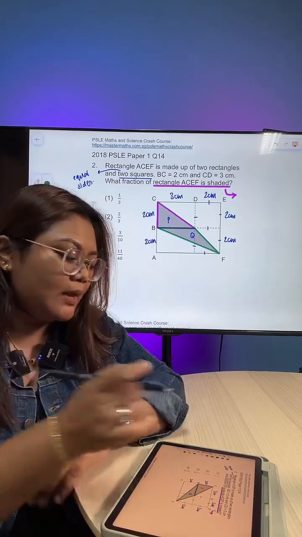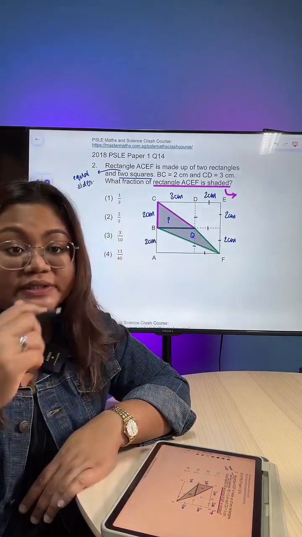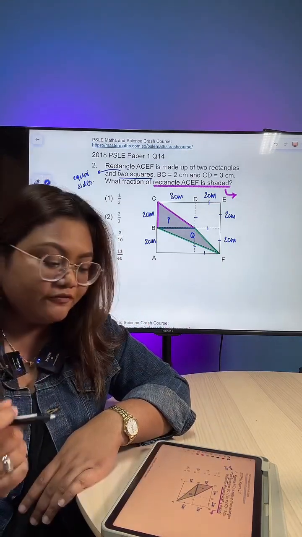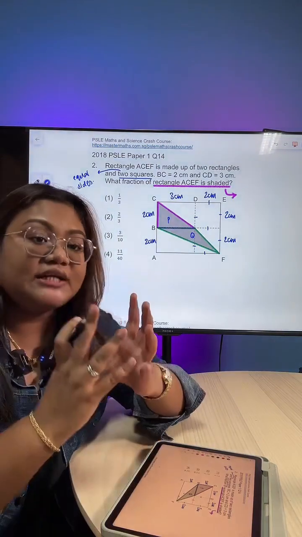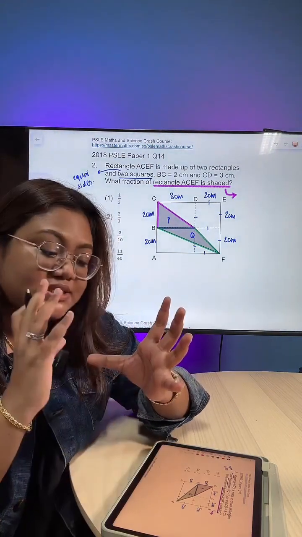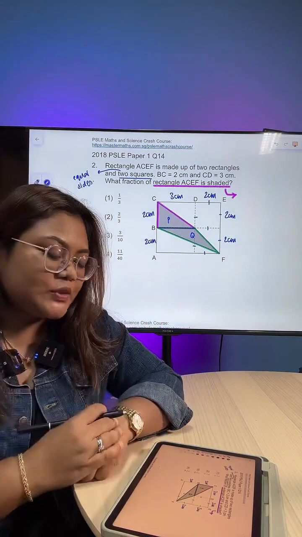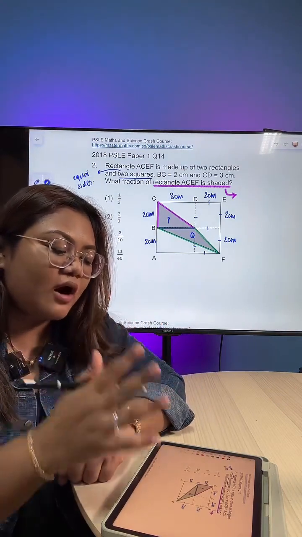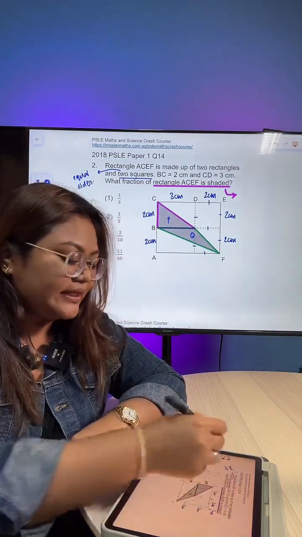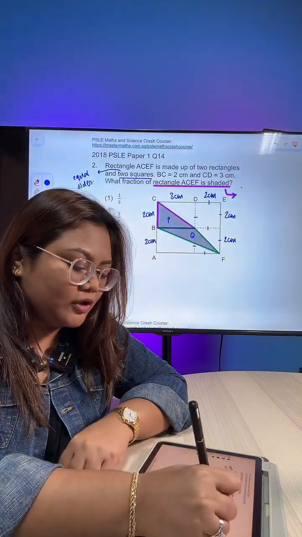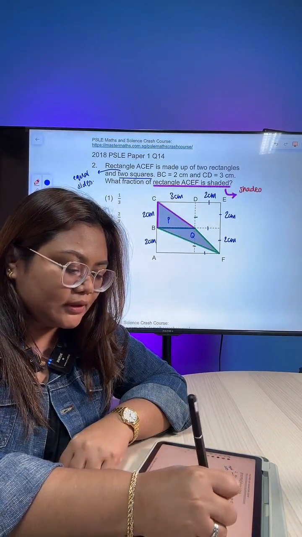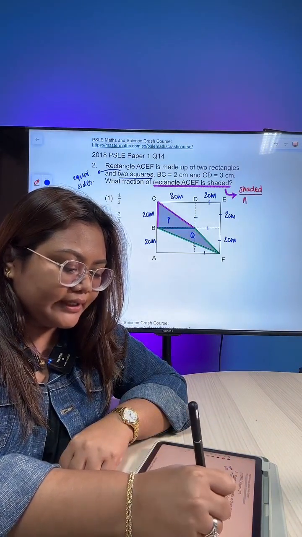For fraction form, the thing that you can do to help yourself is to write down in English what the fraction is talking about. So in this question, they want fraction of rectangle ACEF that is shaded. So the question is asking you to look for shaded over ACEF.